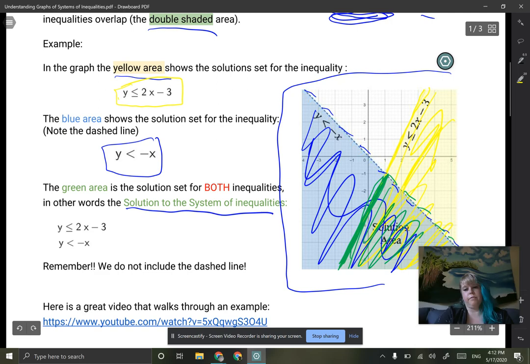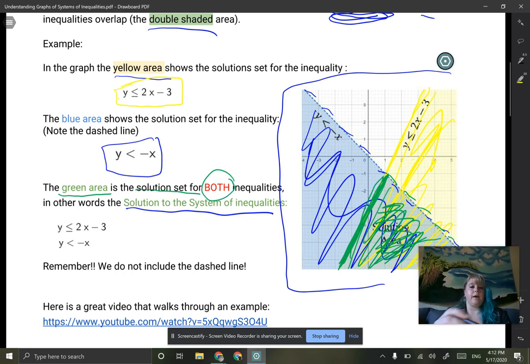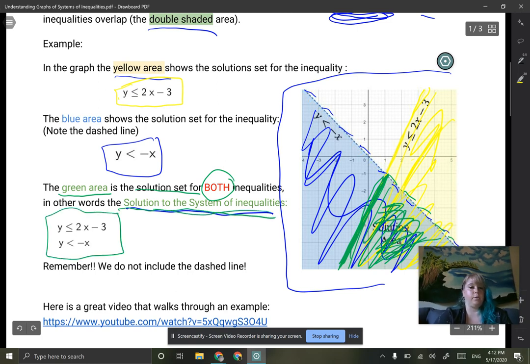And then everything. And you can see there's both blue and yellow in the shaded area. And I'm just going to add the green just to show you that the green area is the solution set for both inequalities. Okay, and that means it's a solution to this system of inequalities, which were the two we saw here.